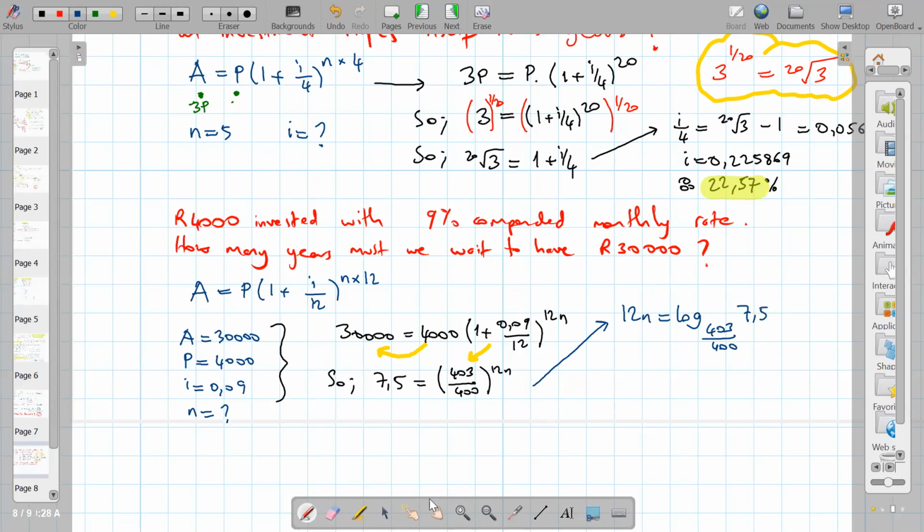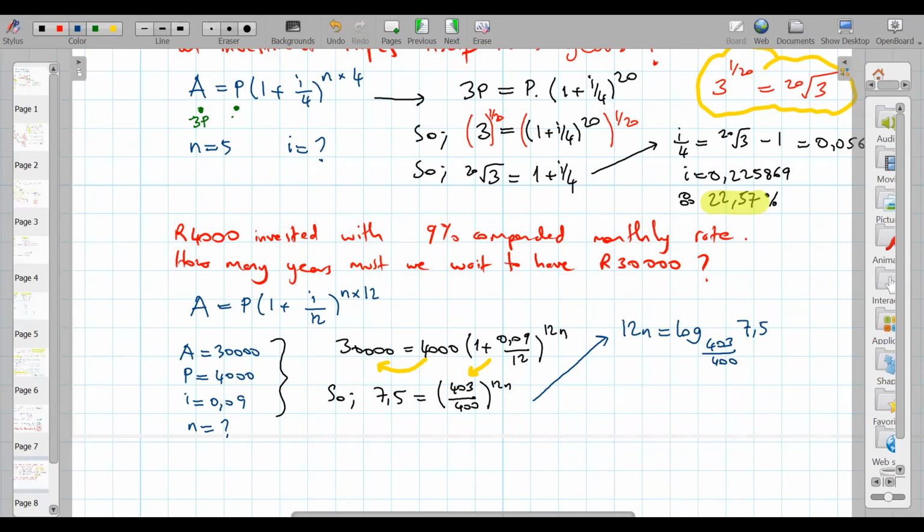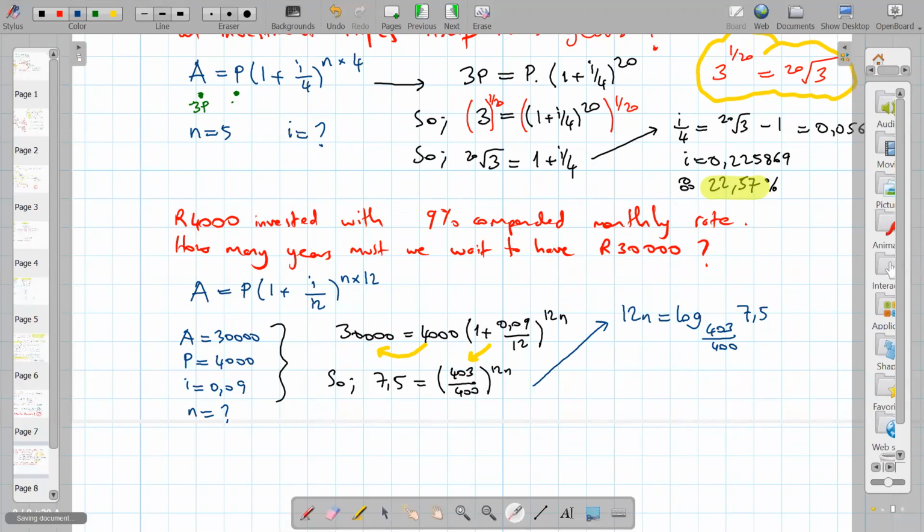How did you get 403 over 400? It is this part, 1 plus 0.09 over 12. The calculator gives that. As I said, you don't really have to do that, but let me show you the calculator. Can you see the calculator now? No, still not showing.